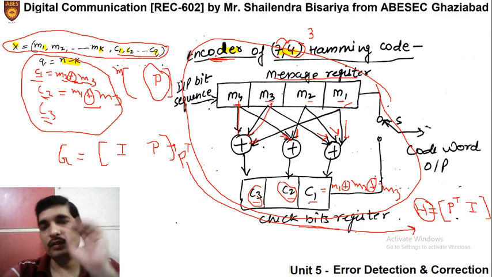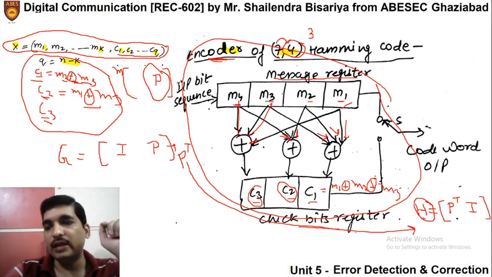Right now, just keep in mind that the parity check matrix is PT followed by I, where PT is the transpose of the parity matrix, and the parity matrix is inside the generator matrix.